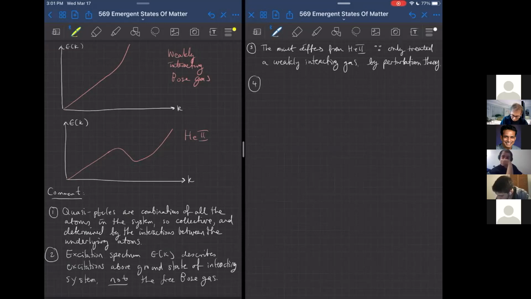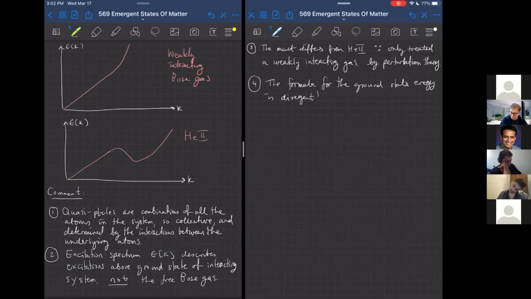The formula for the ground state energy has a divergence in it. And so I need to explain where that comes from and how to get rid of it.